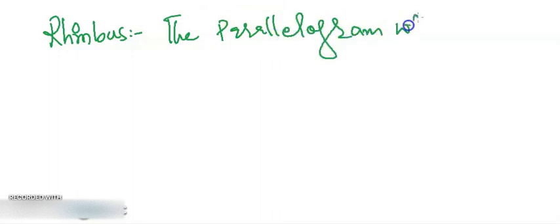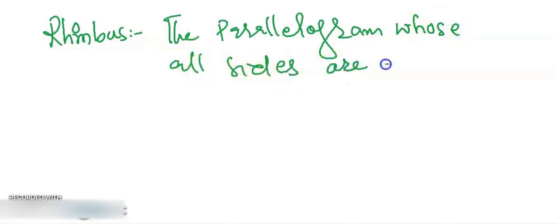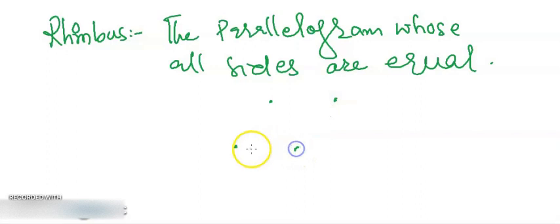So we have another quadrilateral named rhombus. The rhombus is a parallelogram whose all sides are equal.